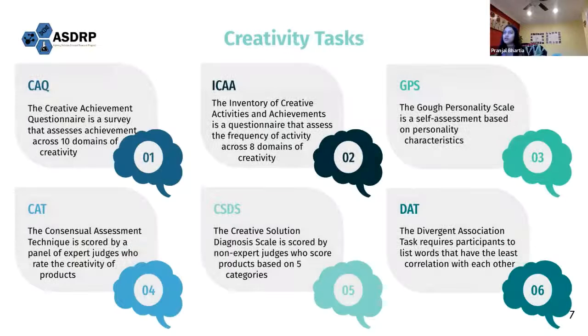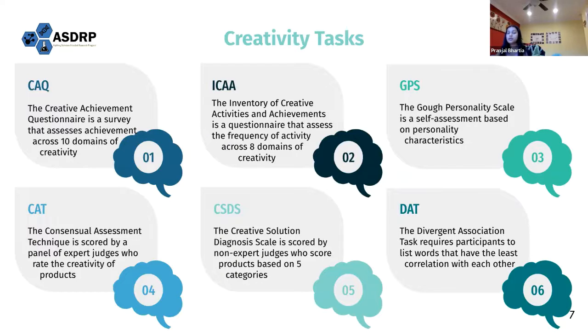Hi, so I'm going to go over various creativity tasks that we studied before we started making our own. The first one is the Consensual Achievement Questionnaire, and it assesses achievement across 10 domains of creativity, and the level of achievement spans from no achievement in a particular domain to awards received or works published.